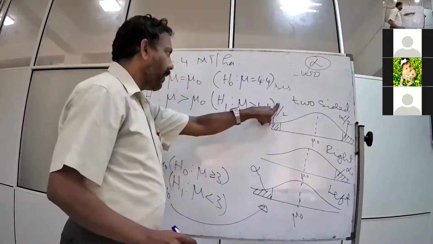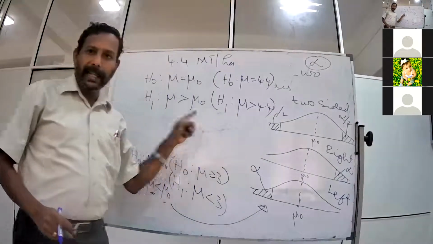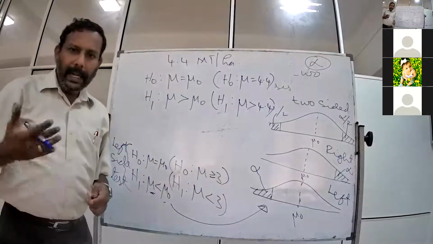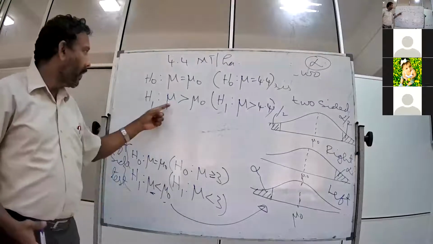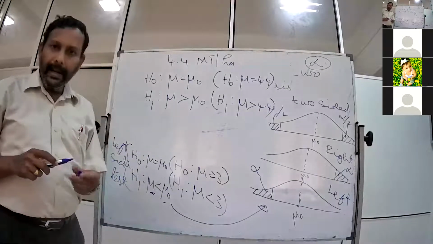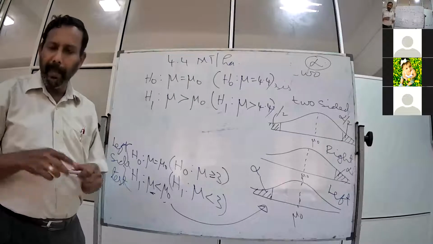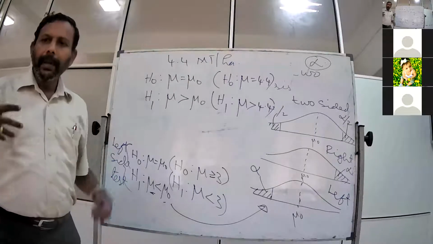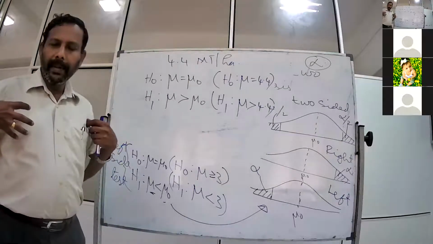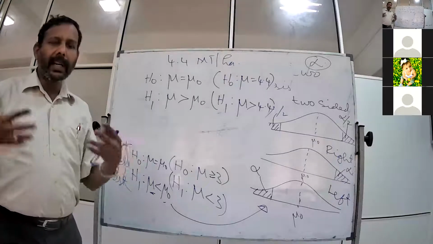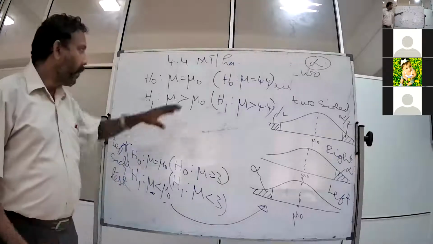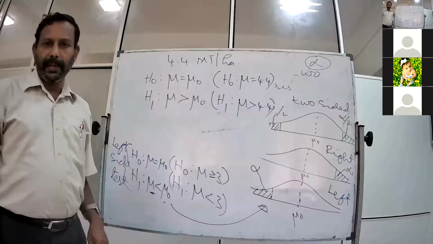Do you get the concept here? The formulation of the alternative hypothesis is totally dependent on our objective. I can ask the question in such a way that we can have different sets of hypotheses.